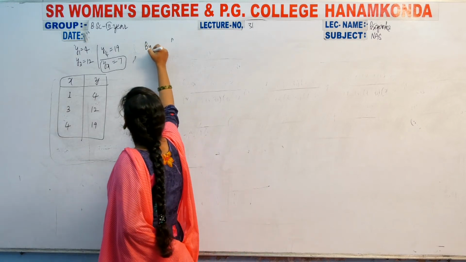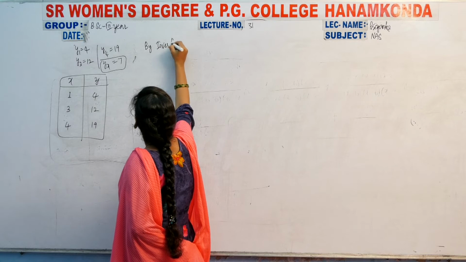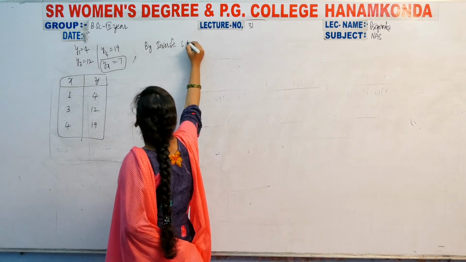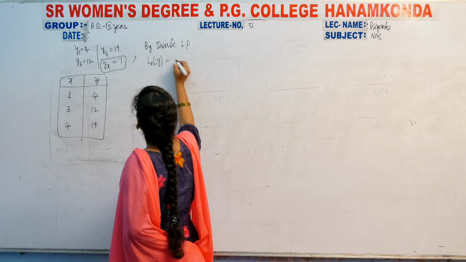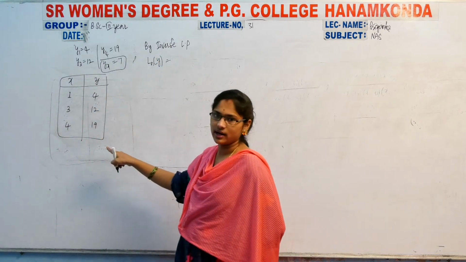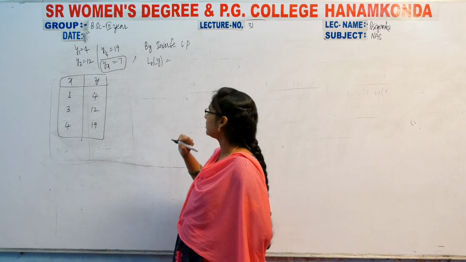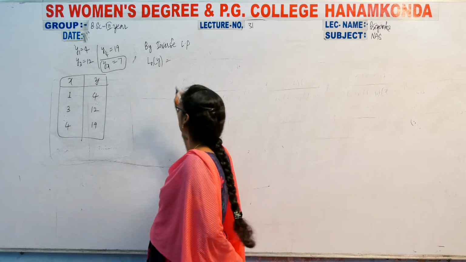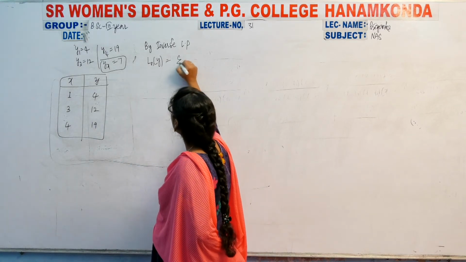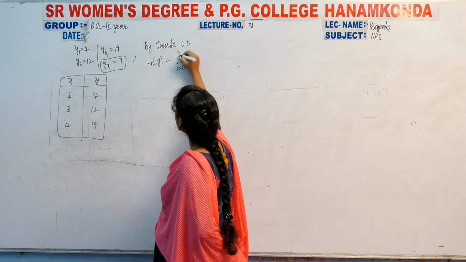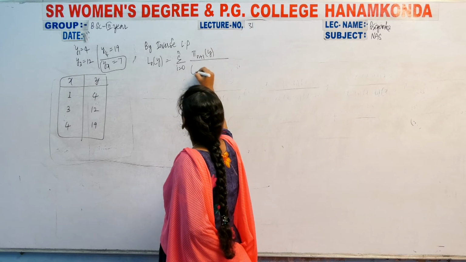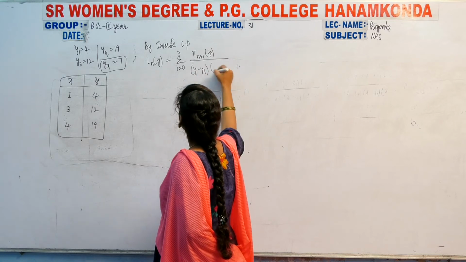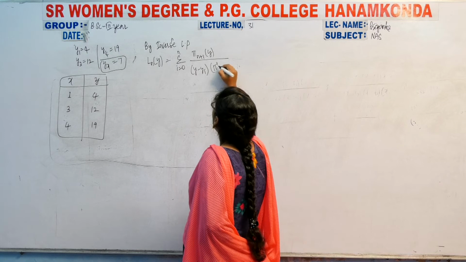By inverse Lagrange's polynomial, we have L_n of y equal to, they mentioned the y value now and they are asking about the x value. That is the main thing you have to observe here. It is equal to the summation of y minus yi into pi dash.